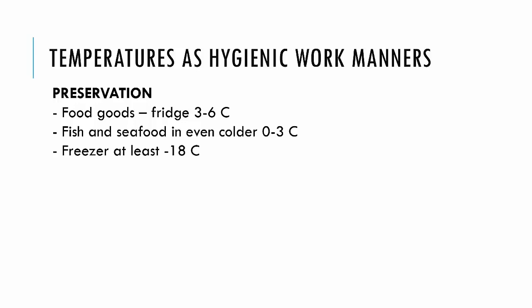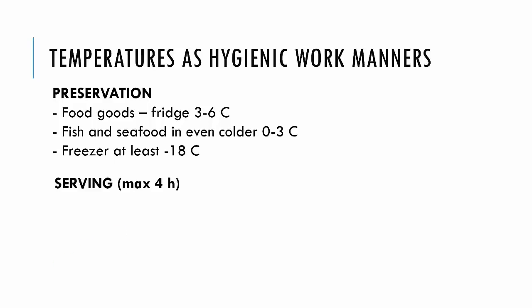Then to serving temperatures. This is something you need to remember. Serving temperatures are only for serving. This means that the food goods can't stay in those temperature ranges for more than 4 hours. That's the maximum time allowed.